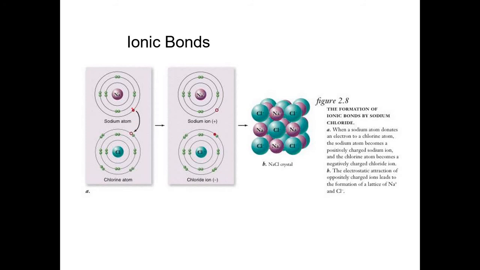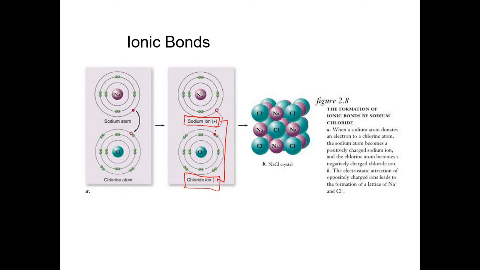So since it loses a negatively charged particle, it makes the sodium become a positively charged ion. So that's a cation. And then the chlorine, it accepts one electron. So since it accepts a negatively charged particle, it became a negatively charged ion. And together, when they come into contact, then you form an ionic bond.